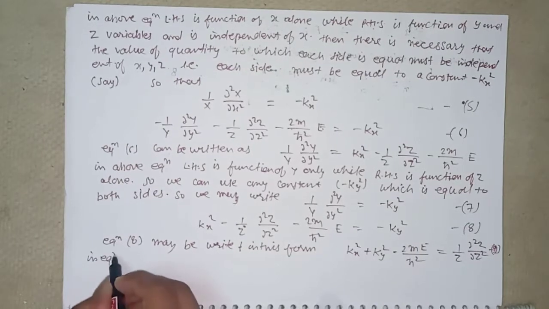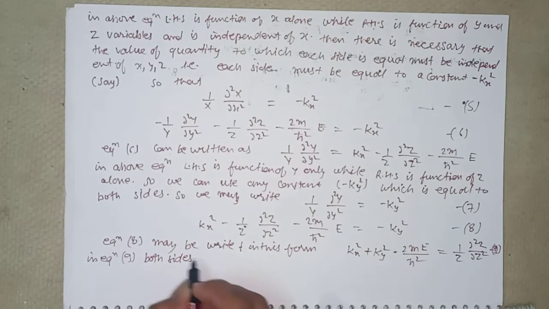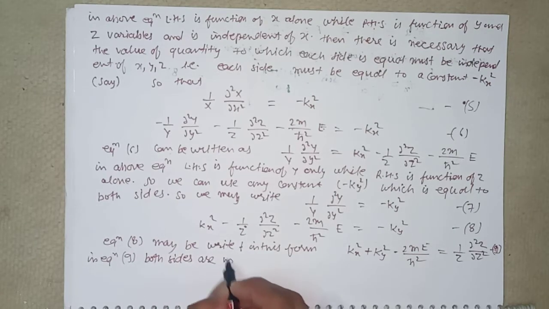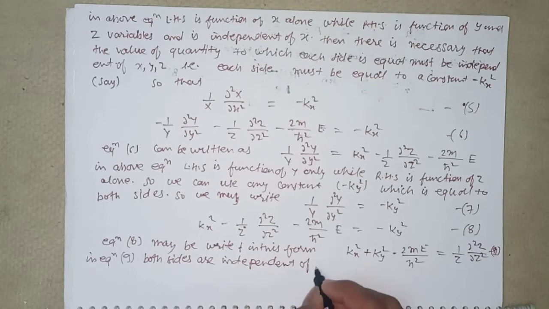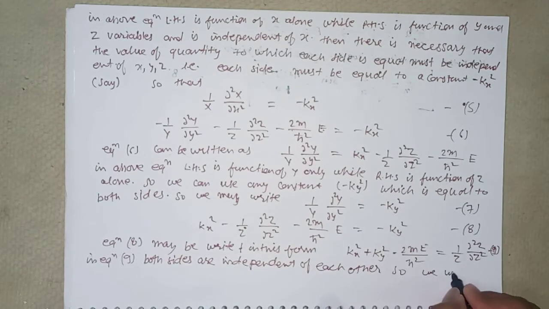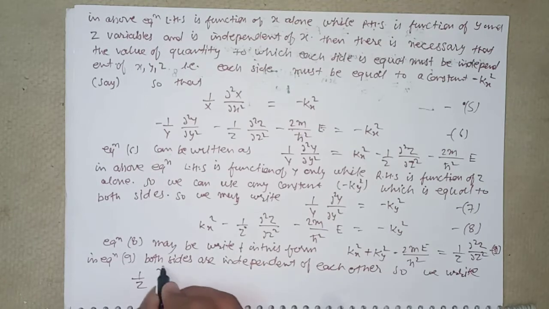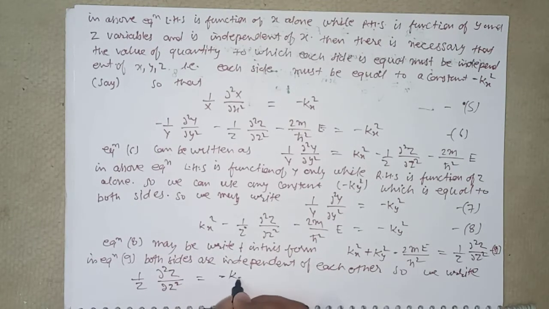In equation 9, both sides are independent of each other, so we write 1 by z del 2z over del z square is equal to minus kz square.